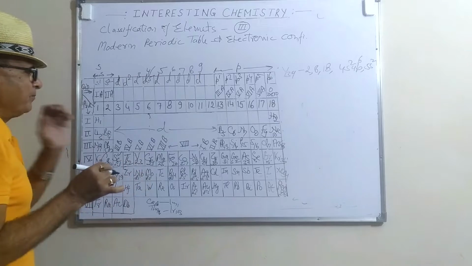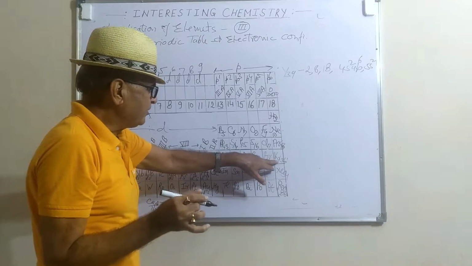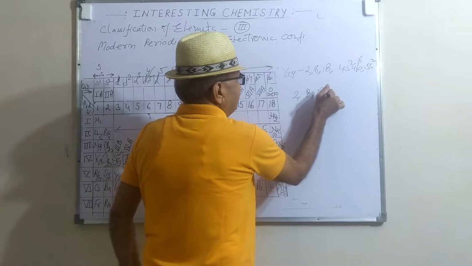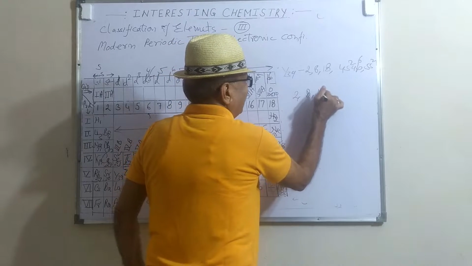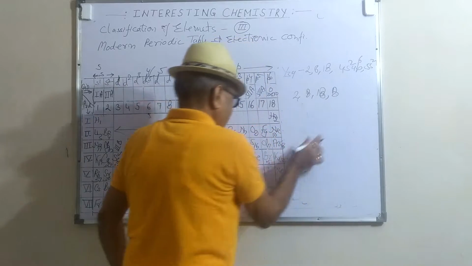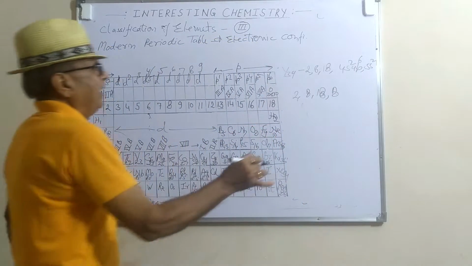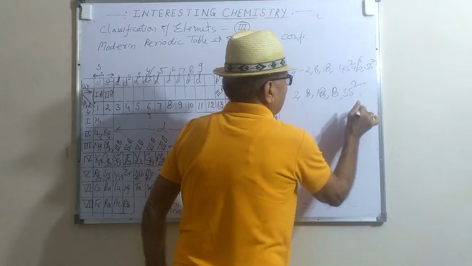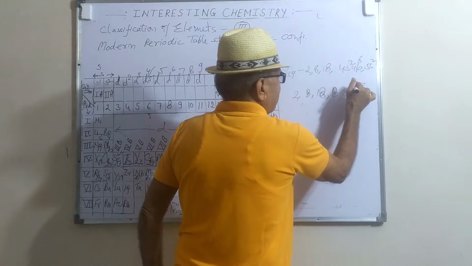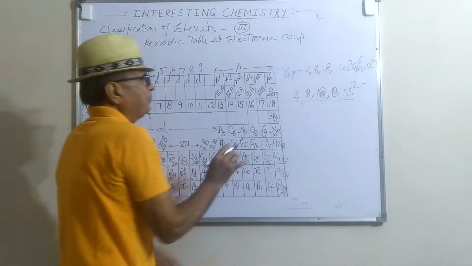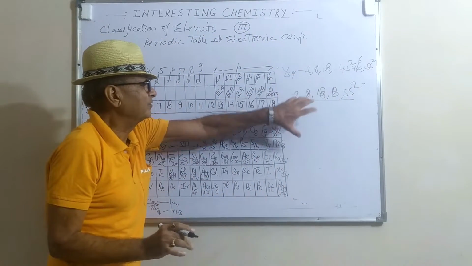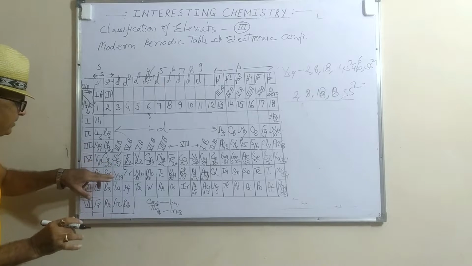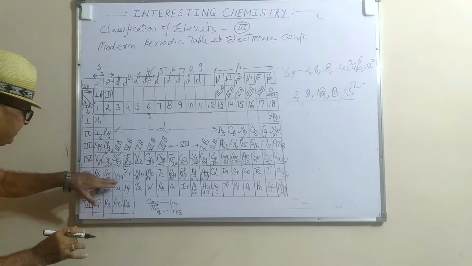Again I am calculating, this is 36, 2, 8, 18, and 8, and again 5s2. So please relate to the previous electronic configuration. So it is yttrium 39.